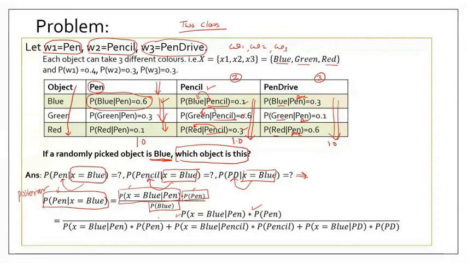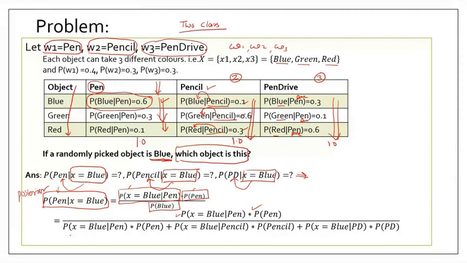So I am not interested now in what object that is. Irrespective of that, I am interested in color. So how many times does blue appear in my problem? So I want to marginalize pen, pencil, and pen drive. I am not interested in the type of the object. I am just interested in blue.